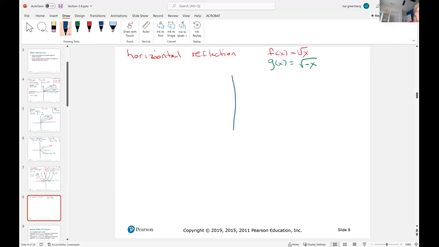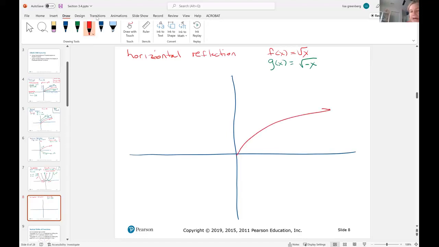So if I were to graph the square root of x, again, we know it looks something like that. Now, if I want to graph the square root of negative x, well, x can't be positive, because if x is positive, then I have the square root of a negative number. So I can only graph numbers where x is negative, right?